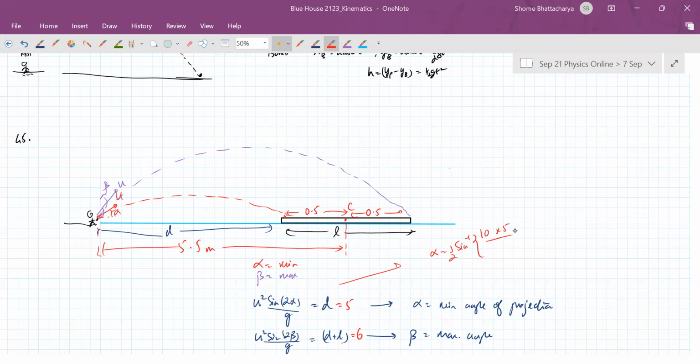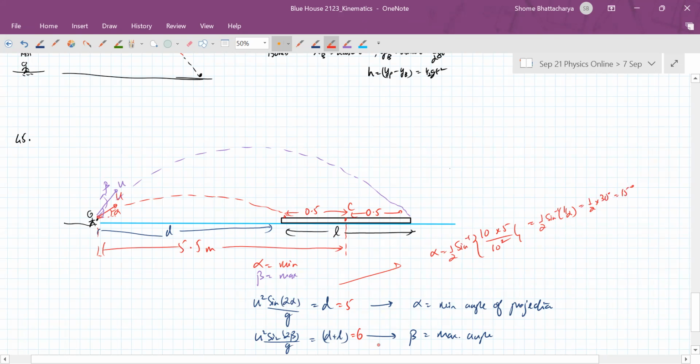U is given as what? 10 meter per second. So this is half of sine inverse of 50 by 100, right? Yes. Okay. So half of 30 degrees.